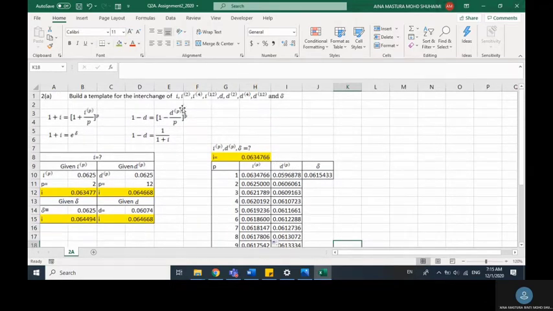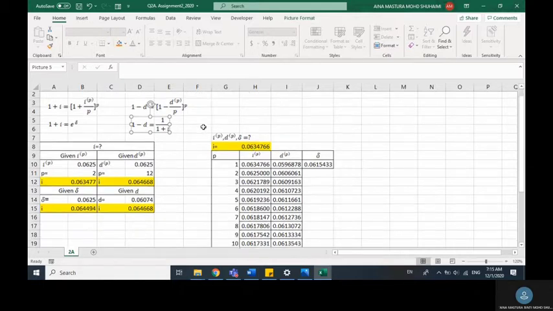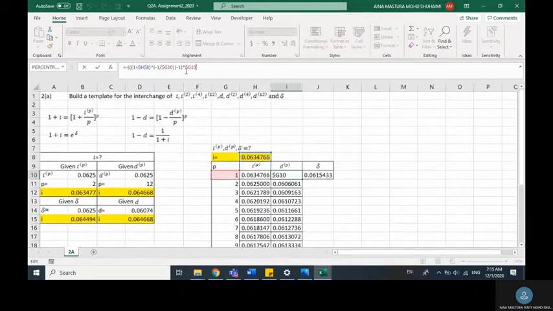Same goes for dp. We use these two formulas to find the value of dp: 1 plus I to the power of negative 1 over p, minus 1, times p, and multiply by negative.